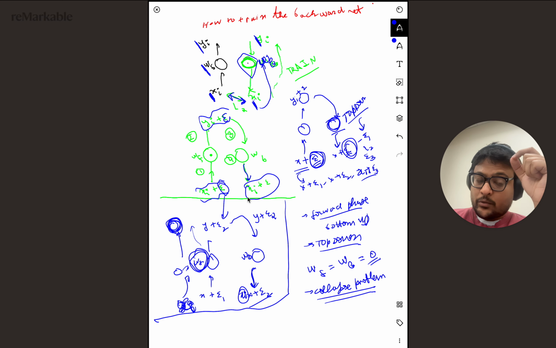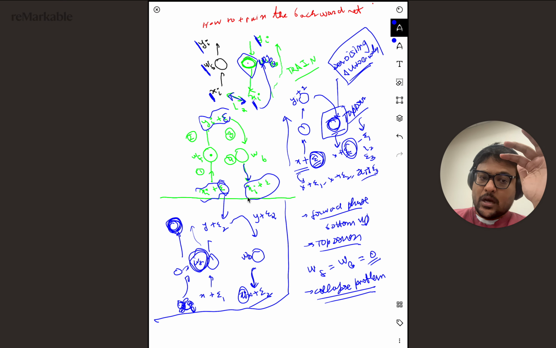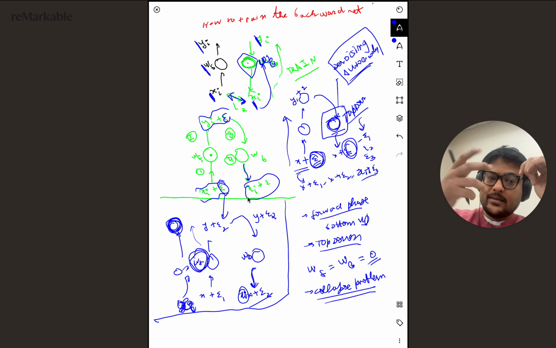Since it's trying to predict the very noise which you added to the input of the bottom up neural network, this kind of learning is known as a denoising autoencoder, and that is the same concept which people have used in diffusion models, but there the math is different. But that's essentially the same idea: you learn this denoiser which tells you that if the input is changed in a certain way, what change was made in the input.